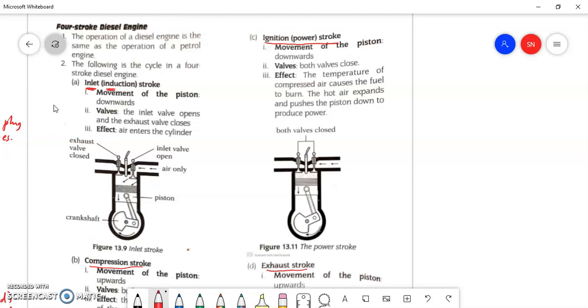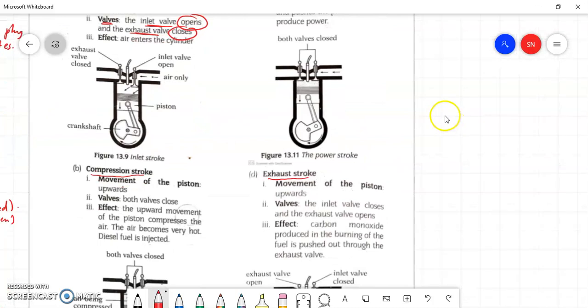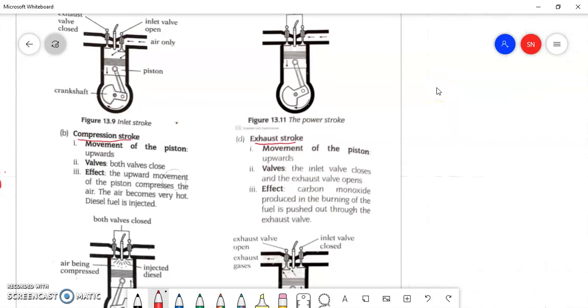So that's how we're going to go through this. We look at what is similar first. Valves: in the inlet stroke, the inlet valve is open but the exhaust valve is closed, similar to just now. In the compression stroke, both valves are closed.